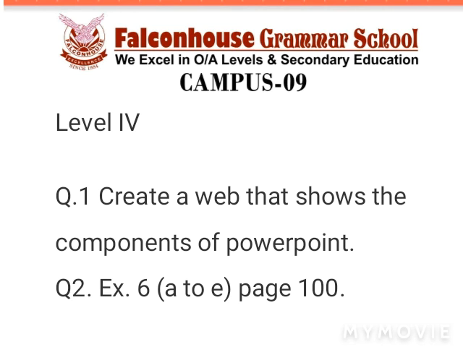Your question number 2 is exercise 6, page number 100. Explain the use of the following components of PowerPoint: A, status bar, B, quick access toolbar, C, notepad, D, ribbon, and E, view buttons. You must explain them in your exercise book.